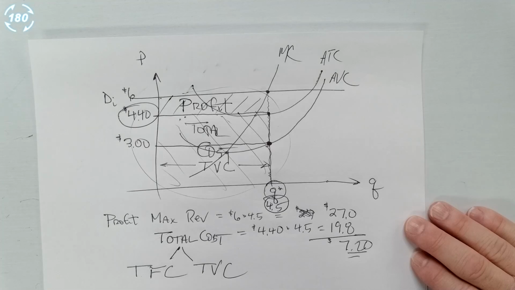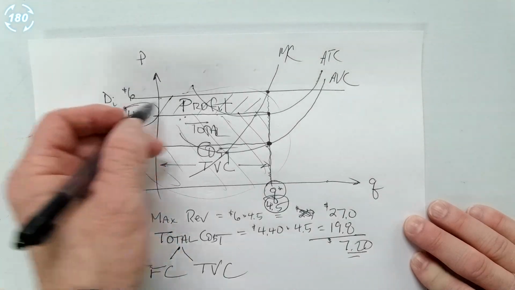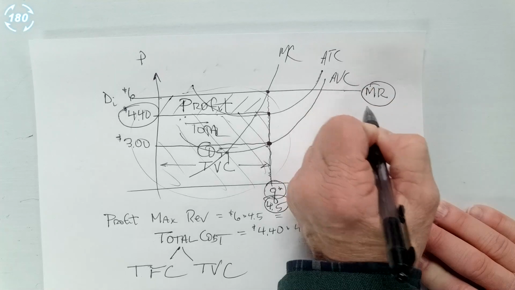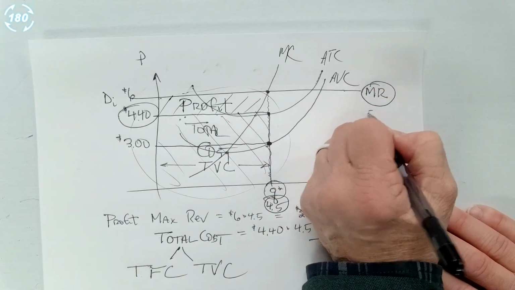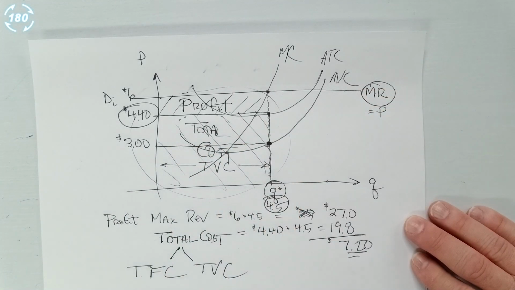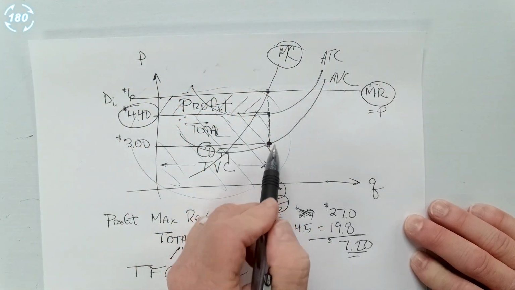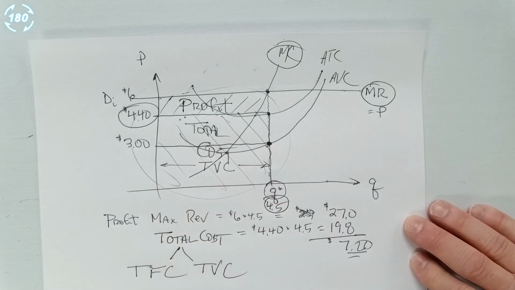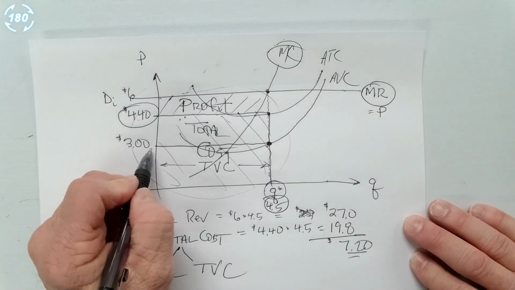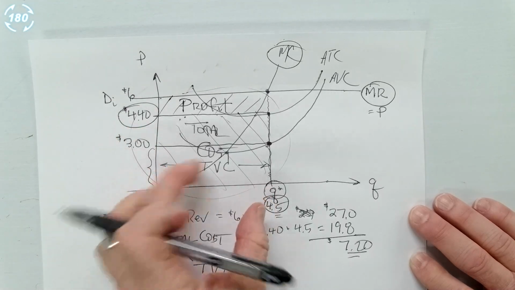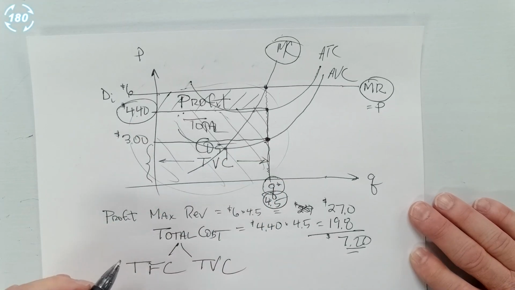I should have put marginal revenue on here. This is not only the demand, it's the marginal revenue. Again, it's also the price, and it's also the average revenue curve. So we first intersected these two to determine this quantity. Now you look up to the average variable cost curve, note its height, we're going to say it's $3. Multiply the height by the length, you'll get the total variable cost.